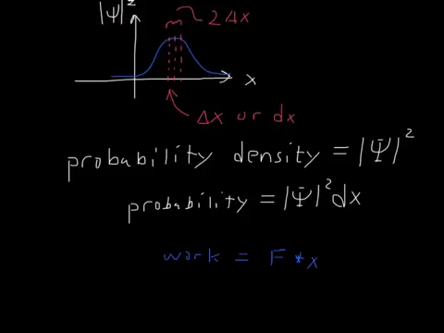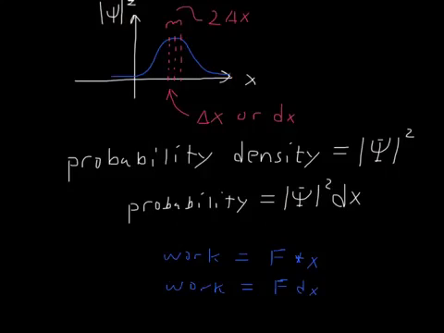If you're talking about work over a distance and the force could be changing quite a bit, you have to focus on small regions of space over which the force is roughly constant and talk about work being F times a small distance, dx. And then you end up doing an integral. You add up all these products of force times distance to get the total work done.